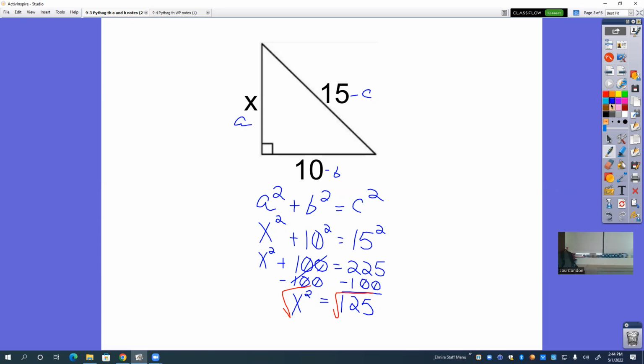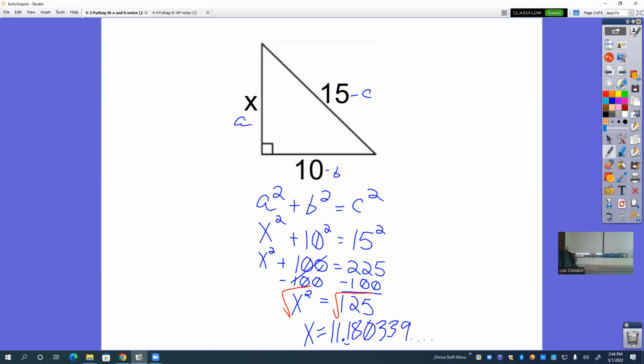And when you do that, X equals 11.180339, etc. And as always, once we have a long decimal like that, we round it to the nearest tenths.